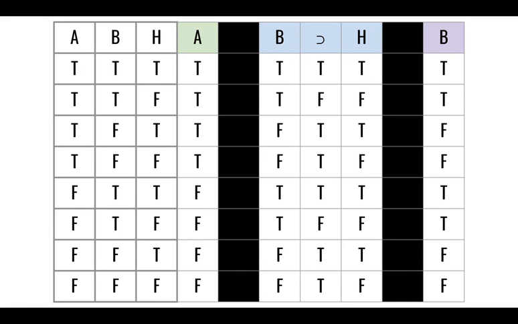Okay, now that we've done that, it's very simple how to check for consistency. All we have to do is see if we can find a row where every single final column is true. That's all it really means when we say things like it's possible for all the sentences to be true simultaneously.